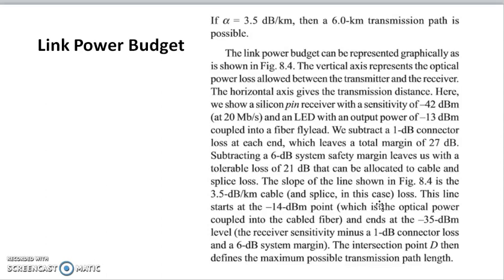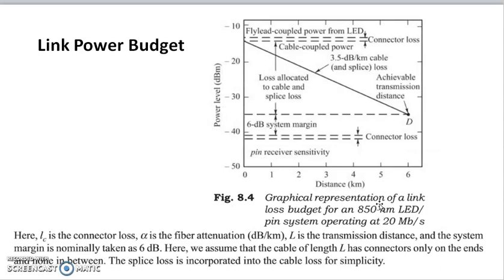Then the link power budget can be represented graphically. In this way we have a graphical representation of a link power budget or a loss budget for an 850 nanometer LED or pin system operating at 20 megabits per second. For this system we consider connector loss, attenuation, transmission length, and system margin, here 6 dB.